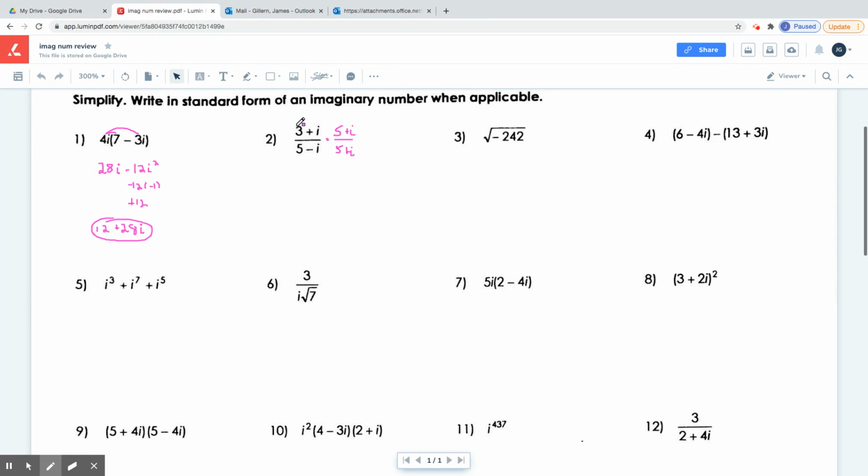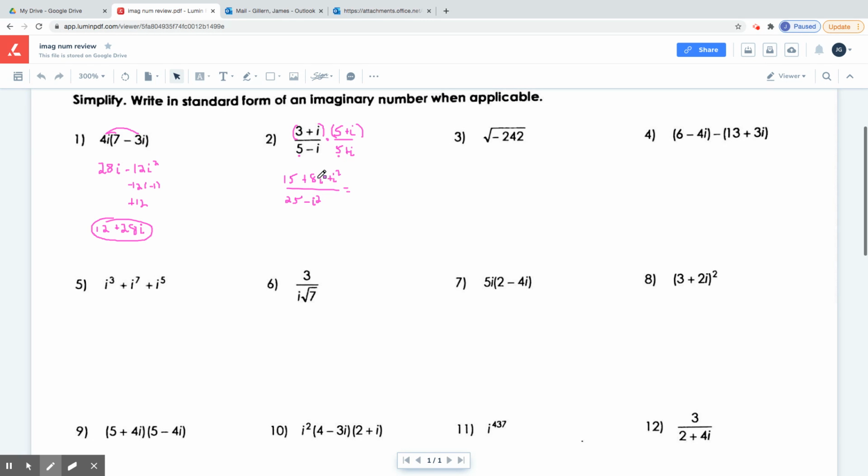When we do the top, we're just FOILing. 3 times 5 is 15. 3 times i is 3i. i times 5 is 5i. 3i and 5i is 8i. And then I get plus i squared, all over. Now these are conjugates, so the middle terms will cancel. So just 5 times 5, which is 25, and negative i times positive i, which is negative i squared.